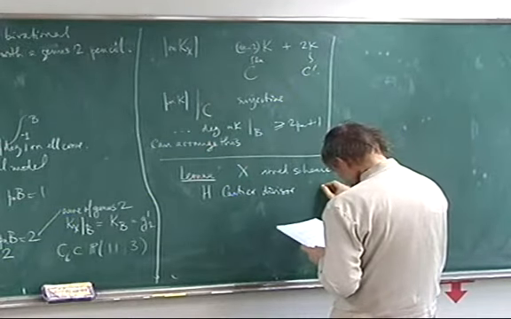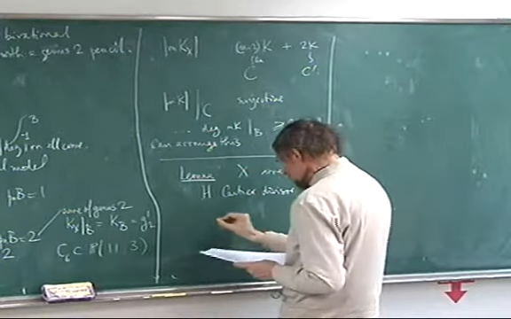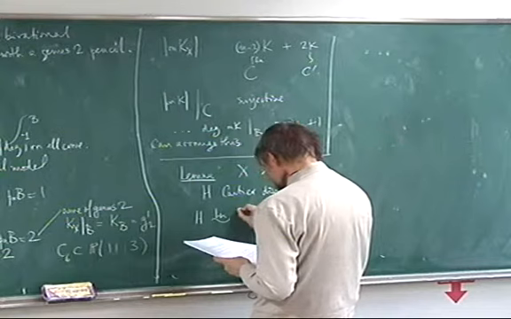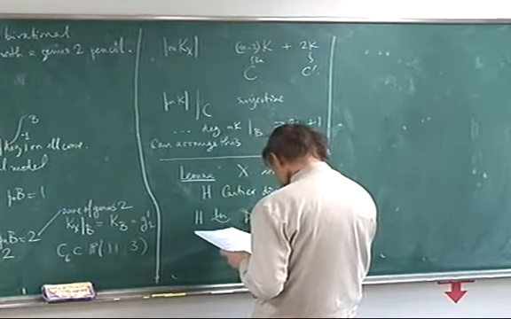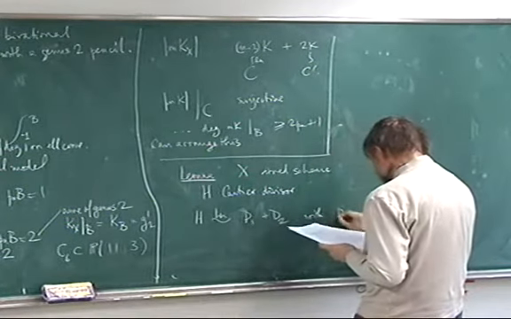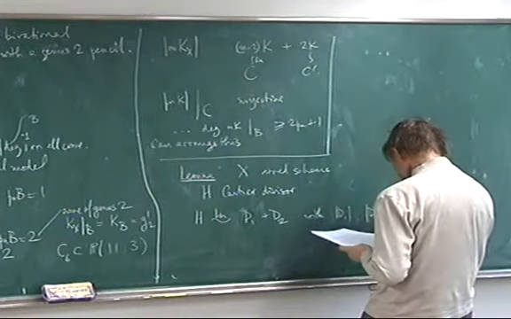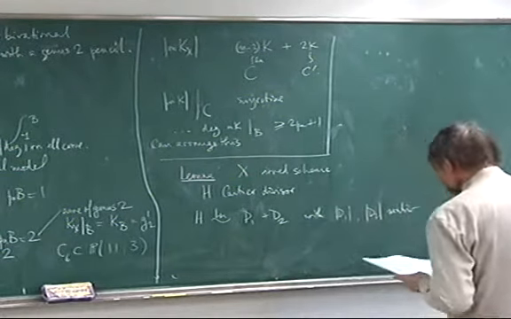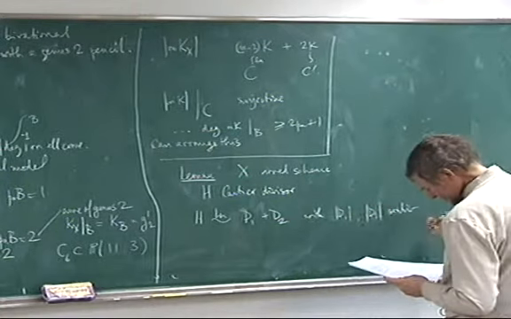I'm thinking of H linearly equivalent to D1 plus D2, with D1, D2 non-trivial linear systems, so these at least start moving.